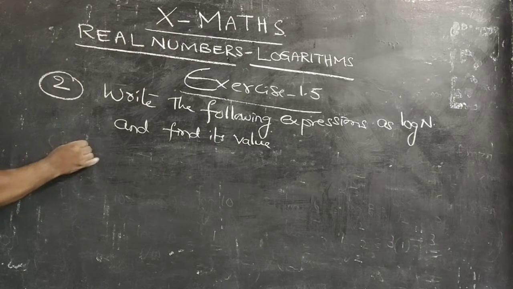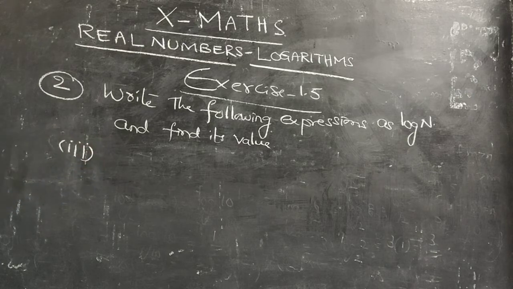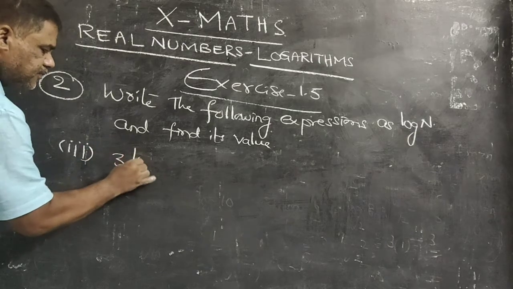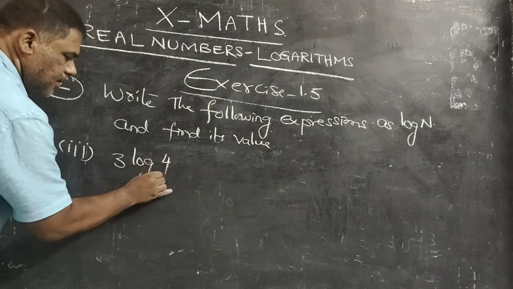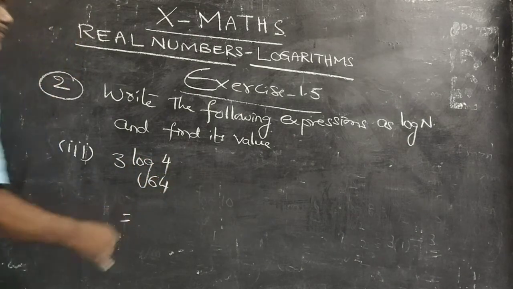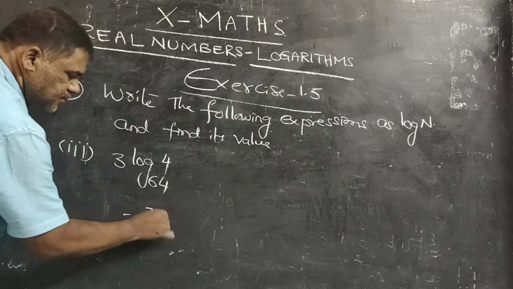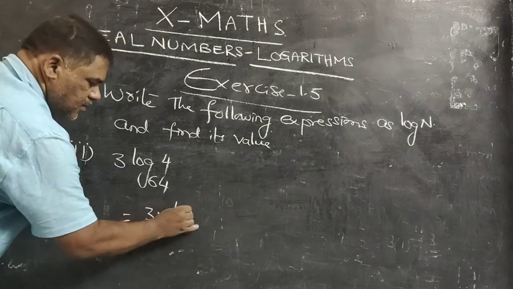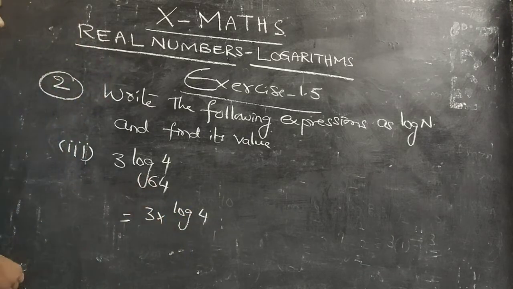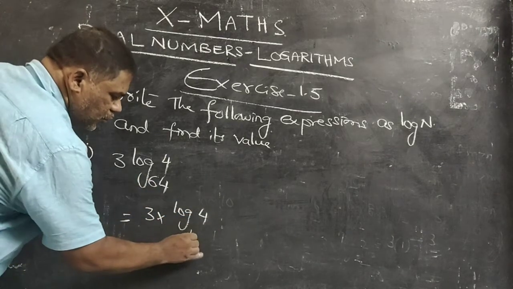Write the third one. 3 log 4 base 64. This 64 can be written as 4 cube.